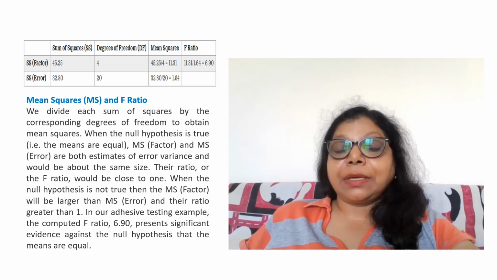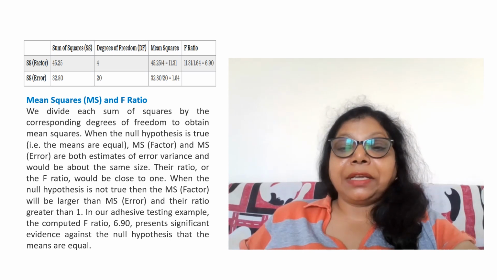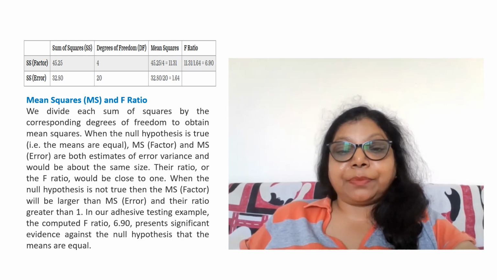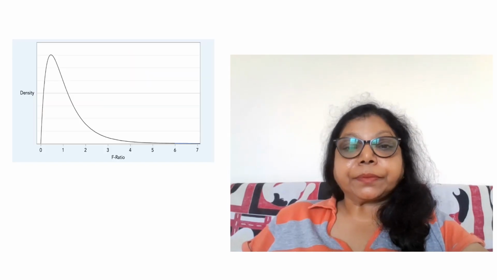In the case of the error, the sum of squares is 32.80 and degrees of freedom is 20. So dividing it, we get the mean squares, that is 1.64. This gives us enough evidence on whether our null hypothesis should be accepted or rejected.